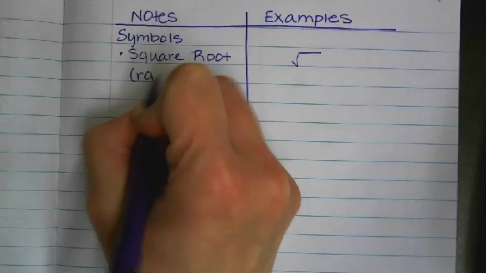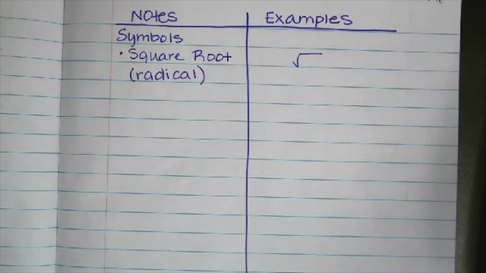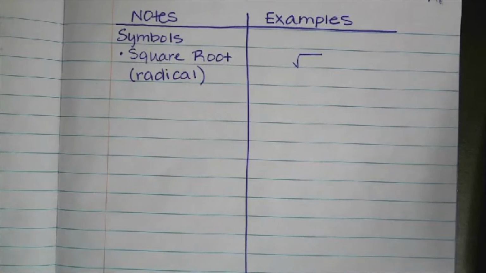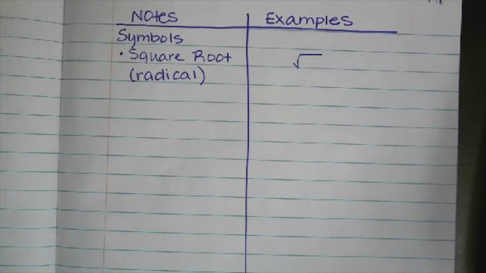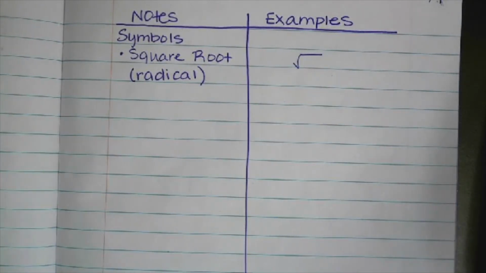It is known in math vocabulary as a radical symbol. So if you ever see questions where it says to leave your answer in radical form, that would mean you would leave it with the square root symbol, or that radical symbol.